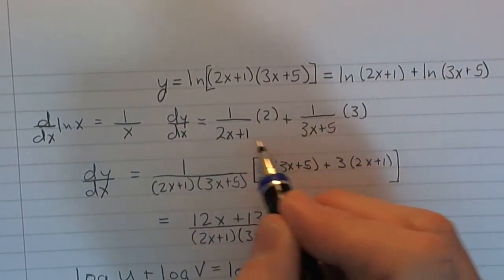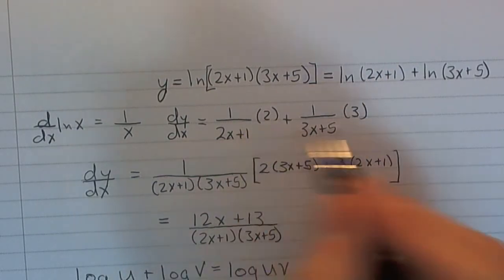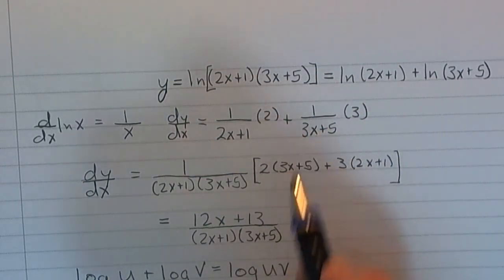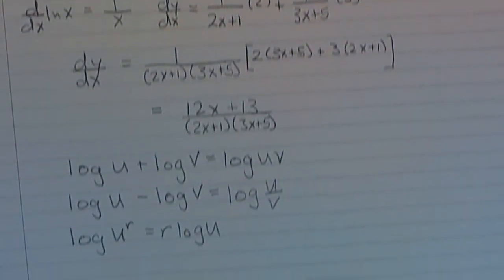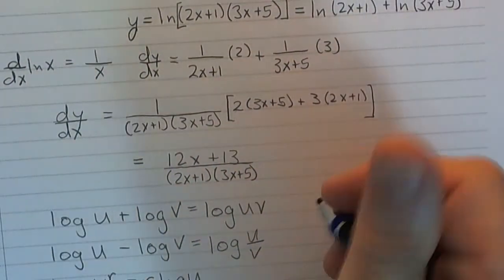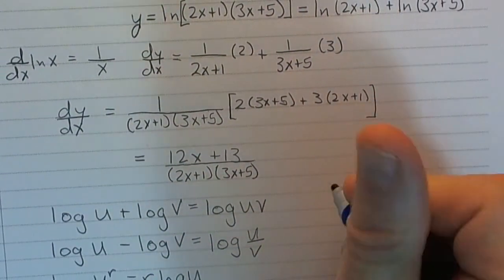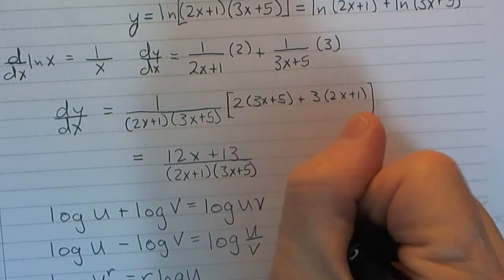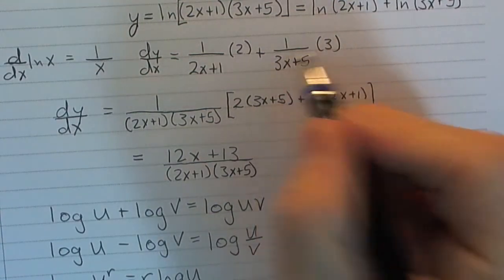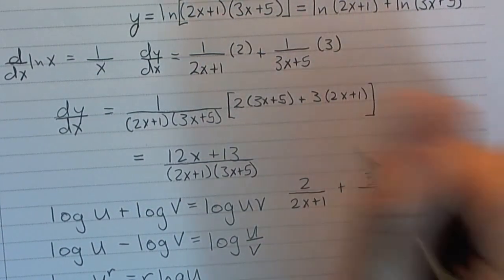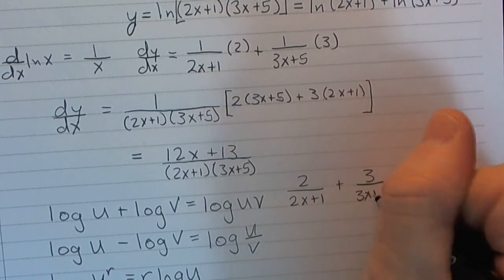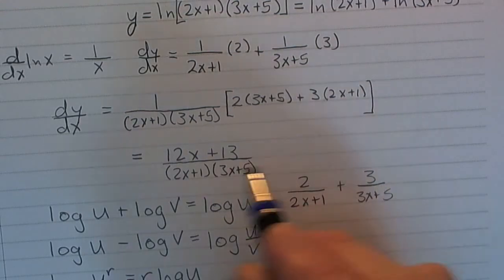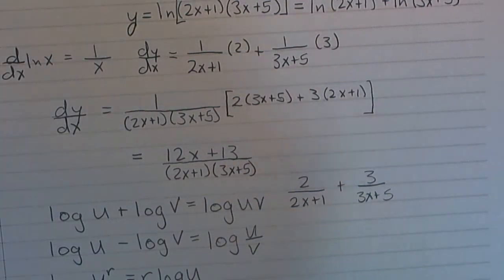Okay, now that's the derivative there. We could simplify it a little bit, and what I want to do is show that it's exactly the same as this. So let me come down the page a little bit, and here's what I have. I have 2 over 2x plus 1 plus 3 over 3x plus 5. Now, I'm going to add these fractions together because I want to show you that it's the same as this.